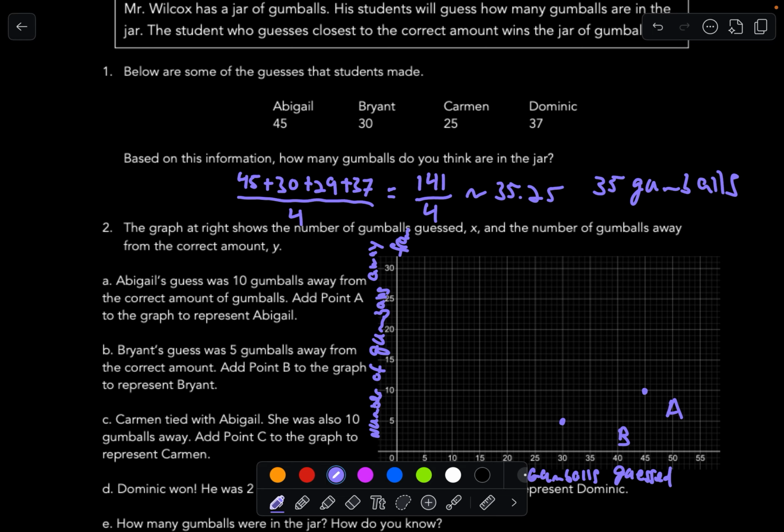Carmen tied with Abigail. She was also 10 gumballs away. So Carmen, who guessed 25, was right here. Notice, whereas Abigail was 10 gumballs away higher, Carmen was 10 gumballs away, but she guessed less.